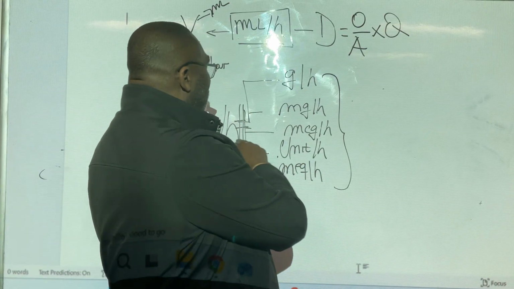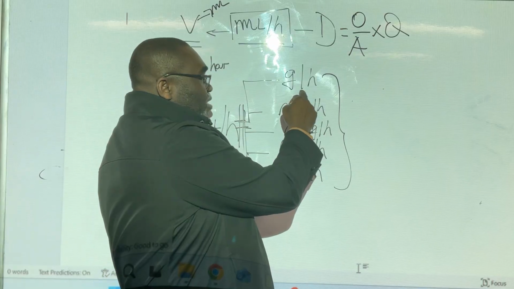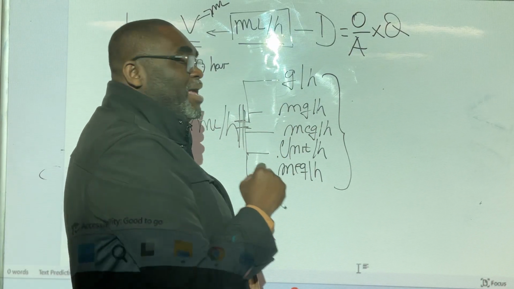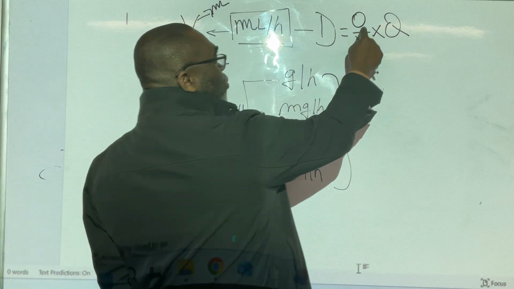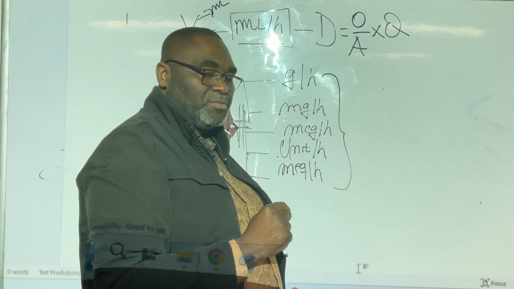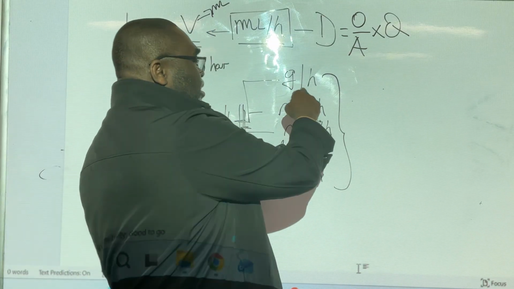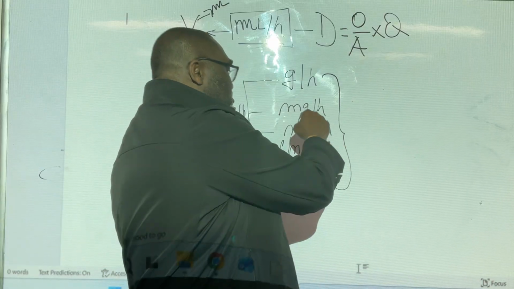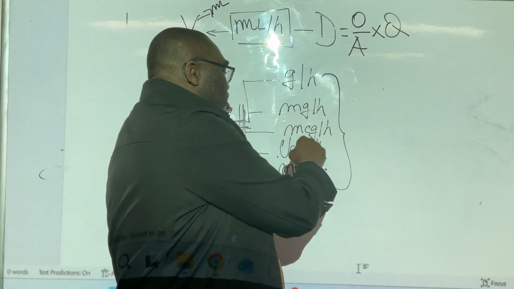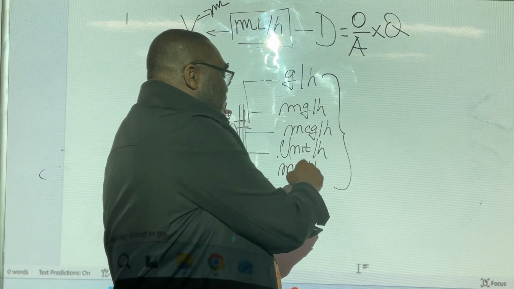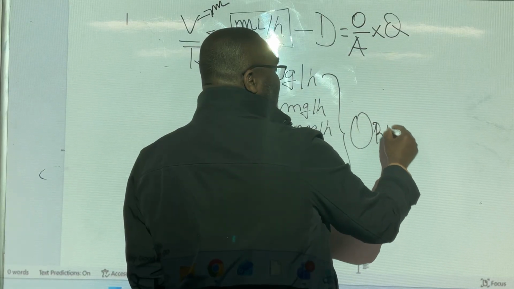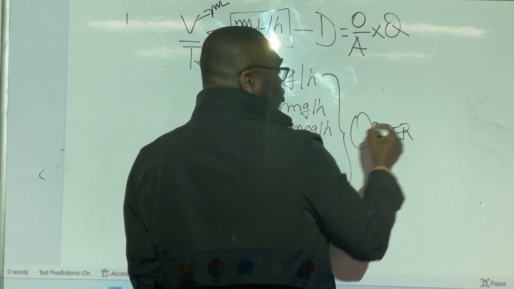So do not confuse milliliter per hour and gram per hour. If the question asks how many milliliter per hour, you will be on your dosage. But if the question asks how many gram per hour, how many milligram per hour, how many microgram per hour, how many unit per hour, how many MEQ per hour, that question is going to ask you for your order.